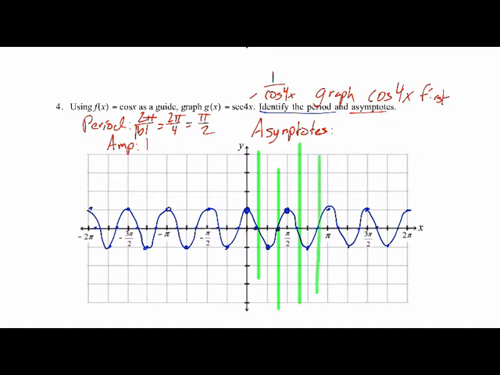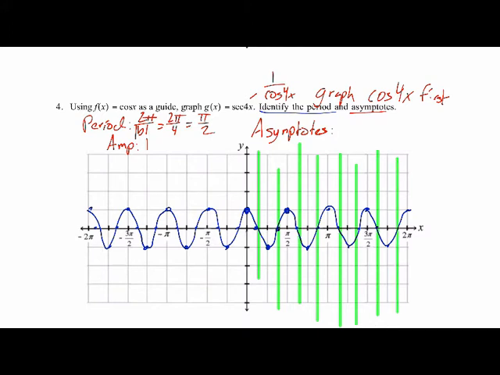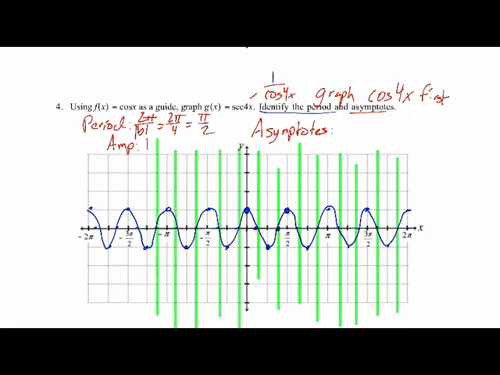I missed. Let's try that again. Again, kind of like the previous one, these are going to be pretty skinny.